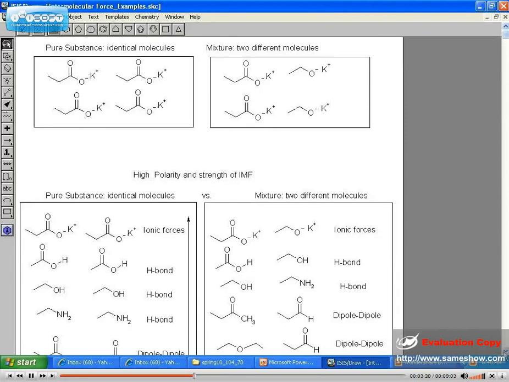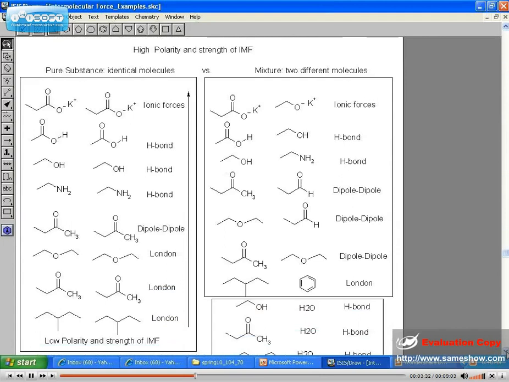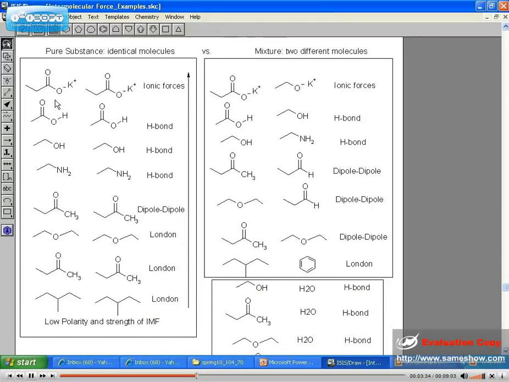So going down, here we have pure substance molecules, and we're looking at identical molecules. Usually I won't give you identical molecules like that. I'll just give you one molecule by itself, and I'll say it's a pure substance, so you have to visualize it next to another molecule of the same type.